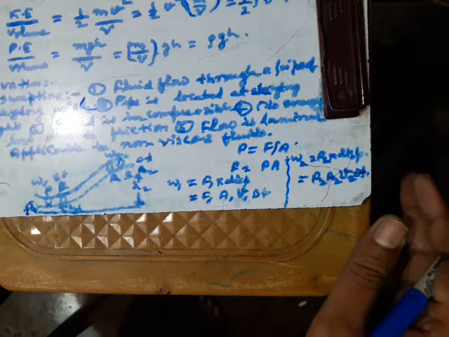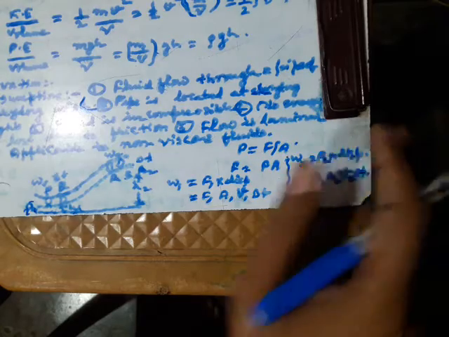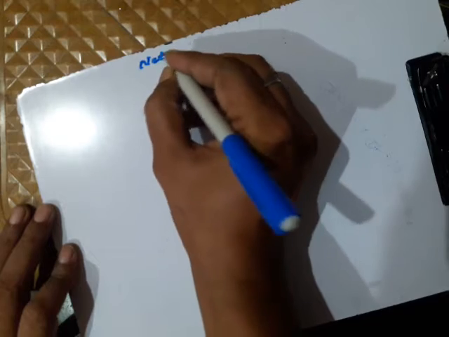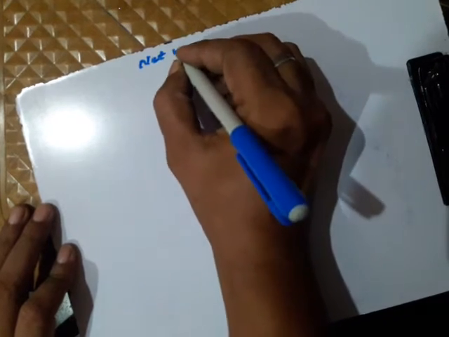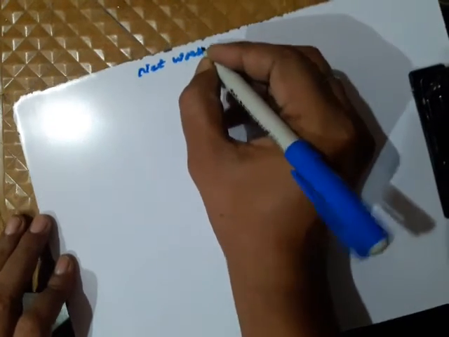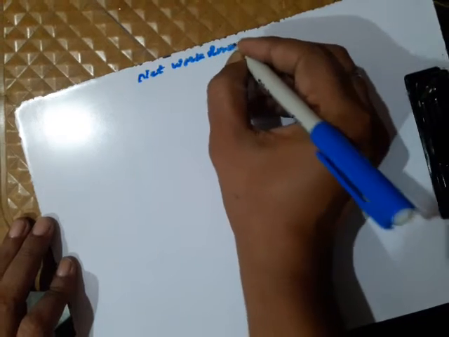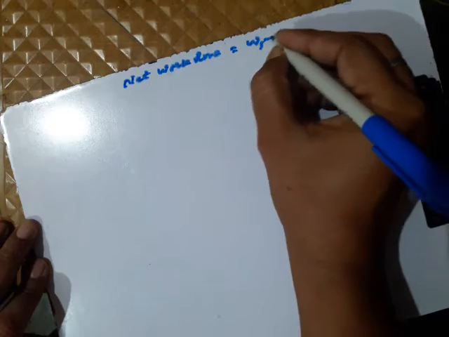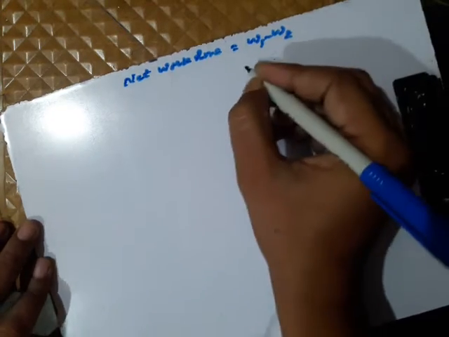Now next we want to discuss the net work done. Net means total. Net work done is equal to W1 minus W2.